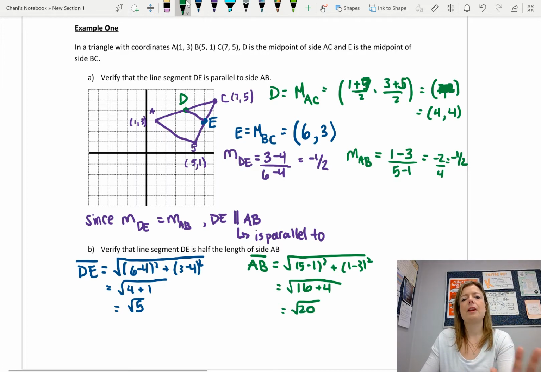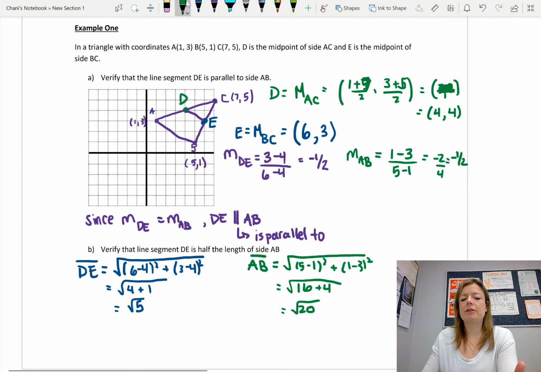Now, this is a bit confusing for students because on the surface, it looks like AB is actually 4 times DE because 20 is 4 times 5. But square roots don't work like that, okay?